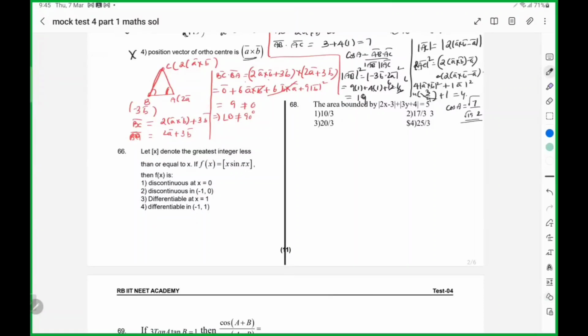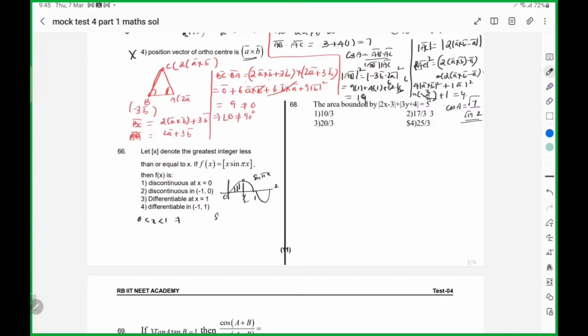Here x lies in intervals between -1 and 1. So the sine graph, you know it. Sine is 0 at 0, and when x is half, sine is 90 degrees, value 1. It is the sine pi x graph. Let us take x between 0 and 1.